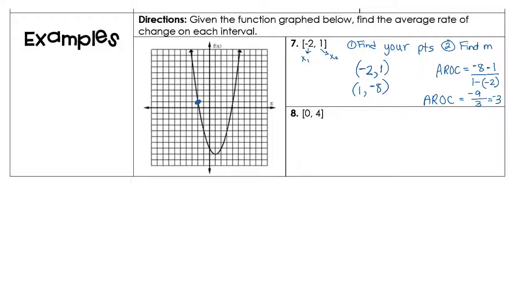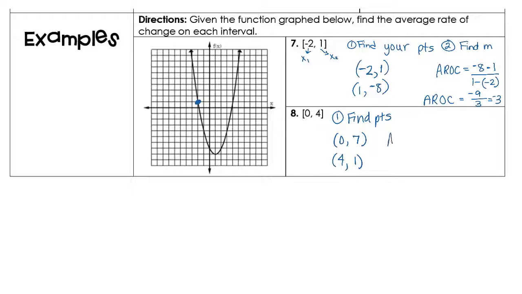Okay, so here again on number 8, first thing, let's find the points. If we find those points, well then here we have 0 is our x, and if we look at our graph at 0, it looks like we're over at maybe 7, and then at 4 it looks like we're at maybe 1.